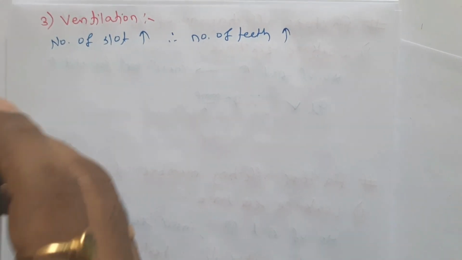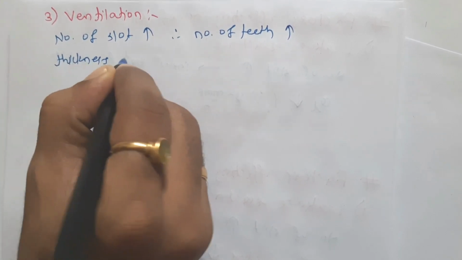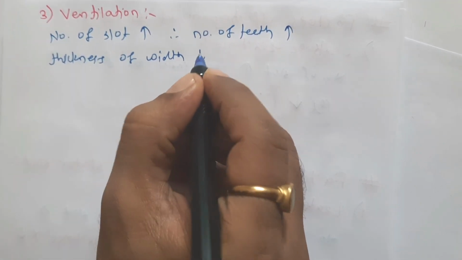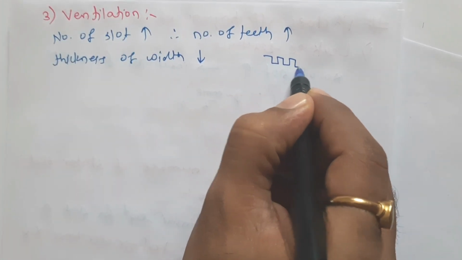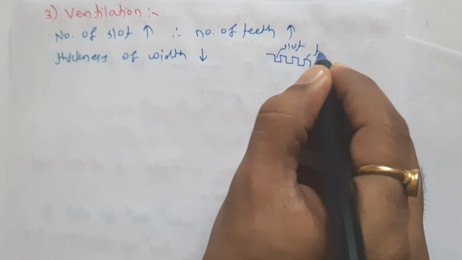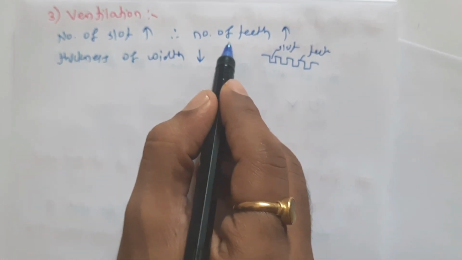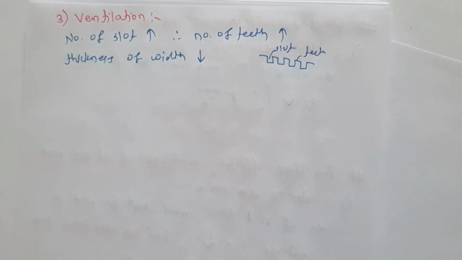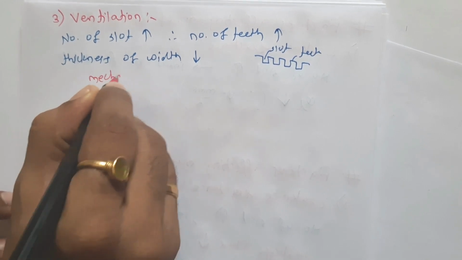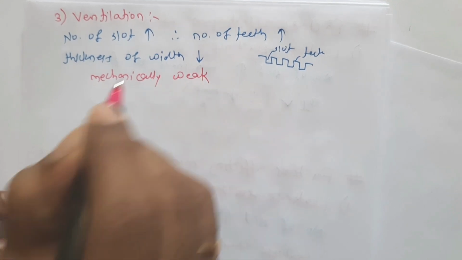Therefore, the width of teeth is reduced, since this is slot and this is teeth. As the number of slot increases, the width of teeth gets reduced. Therefore, this teeth becomes mechanically weak as thickness is reduced.